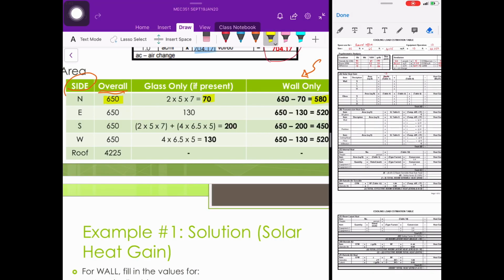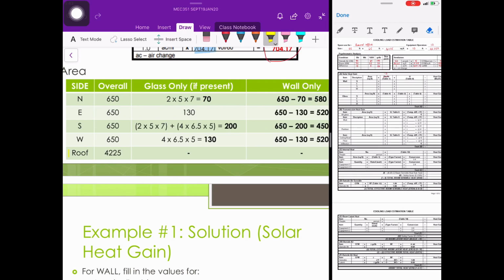Now we can do for the rest of the side, east, south, and also west. So we are going to calculate the overall, the glass only, and the wall only area. And I also suggest you to total up the glass only area so then we can use this value later for the section B.